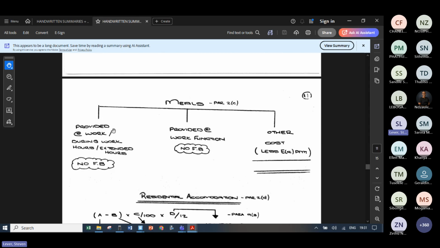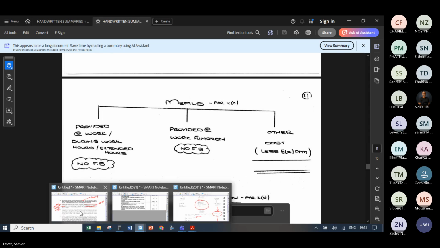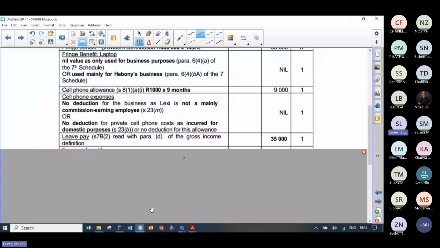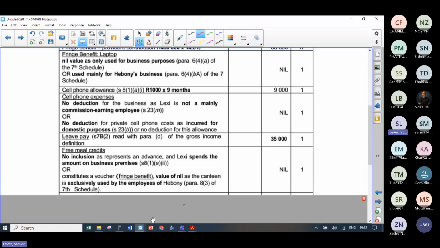So anything that you give at work, there's no fringe benefit. That's why for this meal one here, what's going to be in the solution? Again, nil. And what are you going to say? If you get given meals at work, it has a nil fringe benefit attached onto it. And that's what you're going to include.